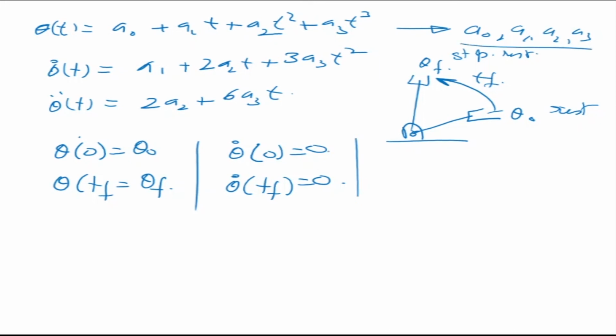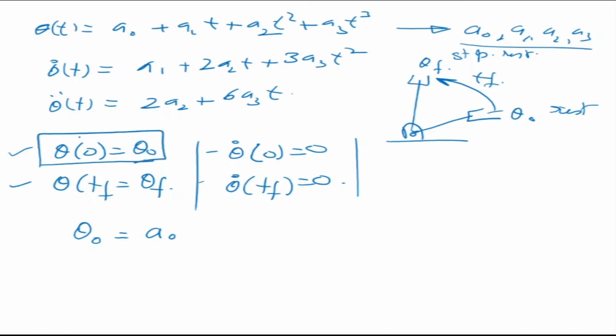So what I can do is put these conditions one at a time into these equations and solve. If I take theta at time 0 equal to theta naught, then t is 0, so theta naught is equal to a naught. That's from equation 1.